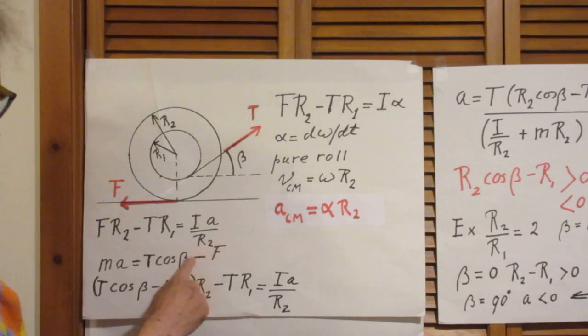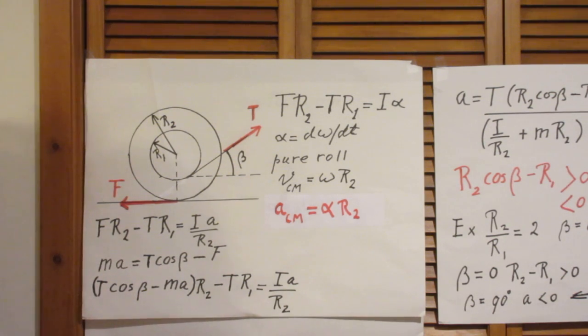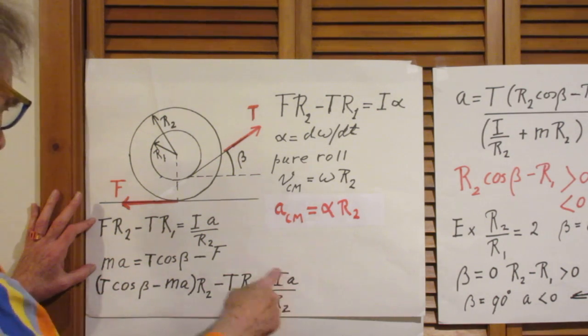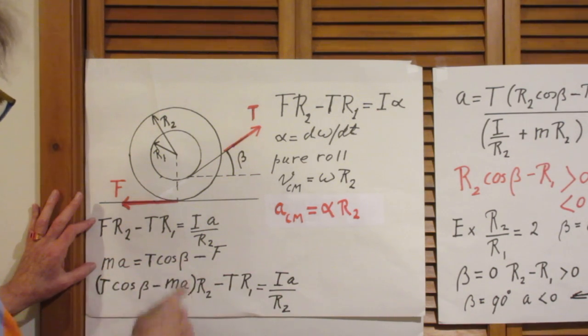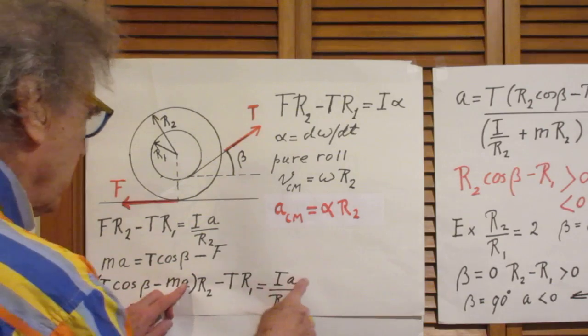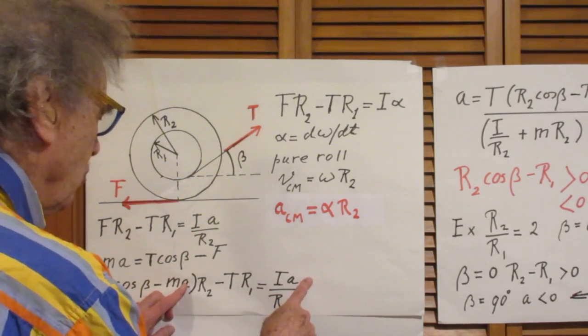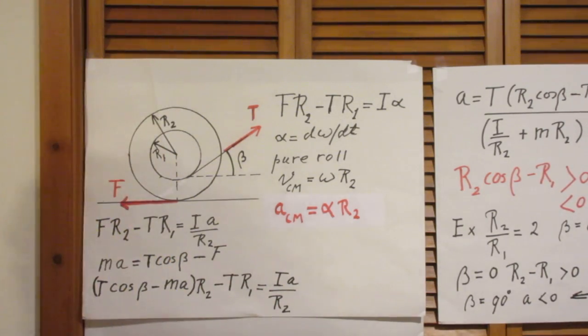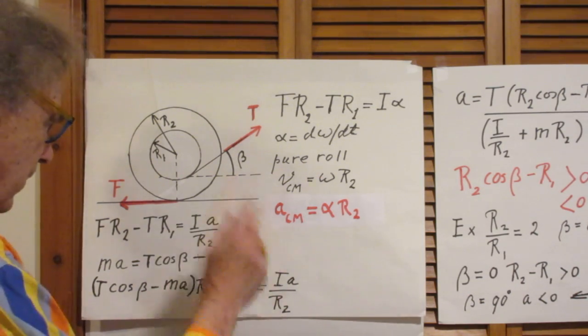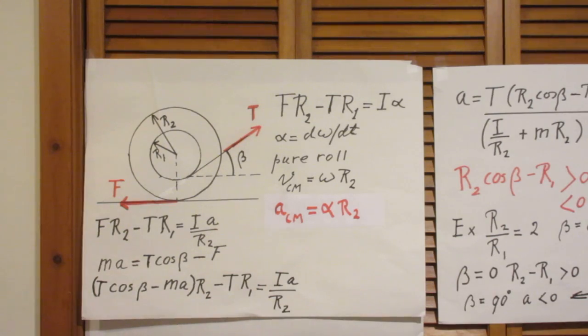So T cosine beta minus F equals ma. I combine these two equations, and that immediately gives you this. You can confirm that, of course, trivial. Now I'm going to bring the a's to one side, and so to speak, solve for A. So this ma term goes here, and then I solve for A.